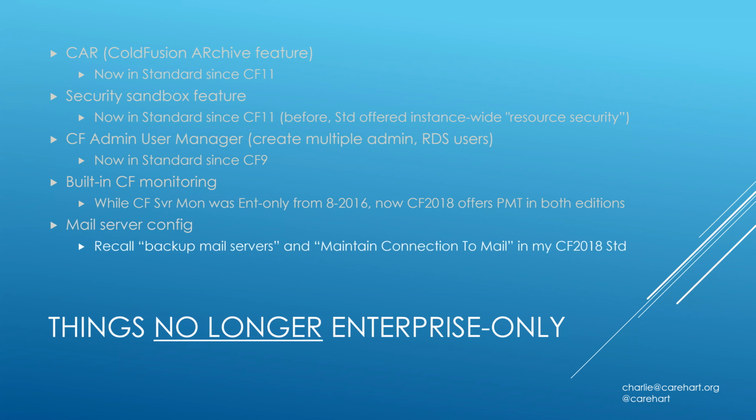And some other mail server configuration stuff, like I said, I've seen previously people assert and docs assert that these backup mail servers and maintain connection features are not in standard, but I looked in my CF 2018 standard and they were there. So I'm going to assert they're no longer enterprise only.